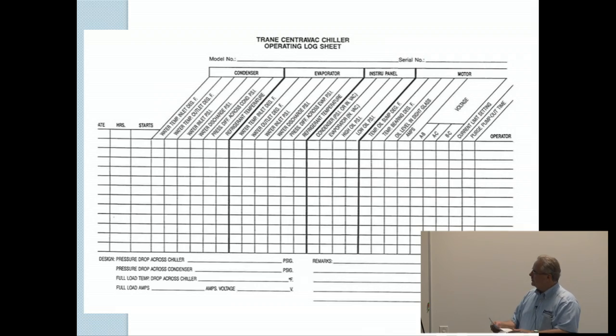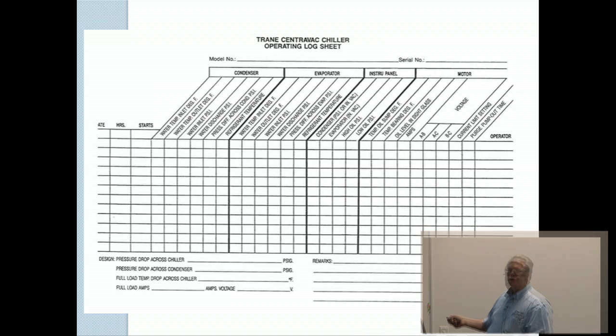Again, here's a typical log sheet. We have all the condenser data lumped together: the in and out temperatures, the in and out pressures, and then you calculate the pressure difference across the condenser based on those, and you note the refrigerant temperature. You do the same for the evaporator. You can get information off the instrument panel.